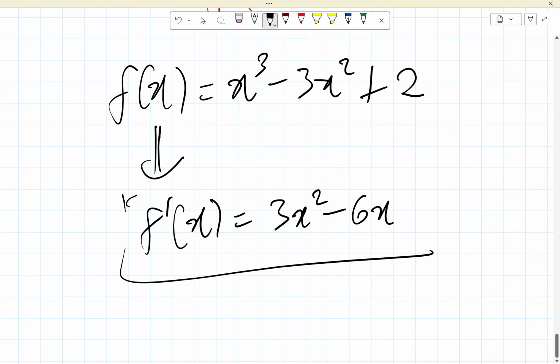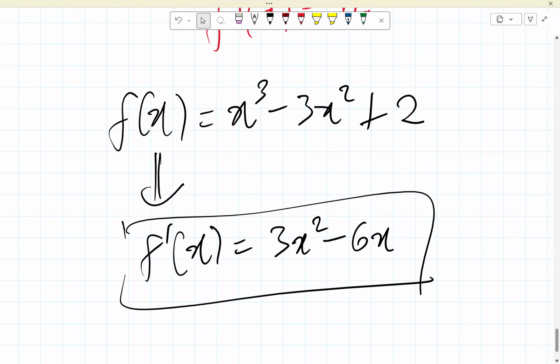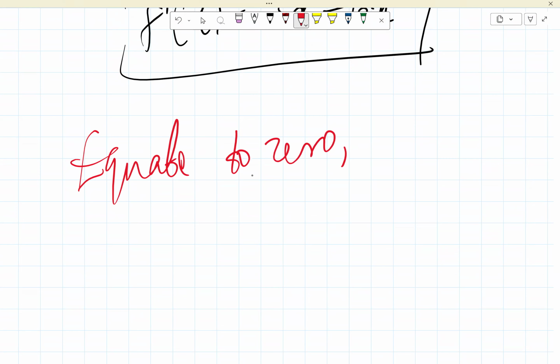So we have f prime of x is 3x squared minus 6x. So what we then do is we equate to 0. So we have 3x squared minus 6x equals 0.